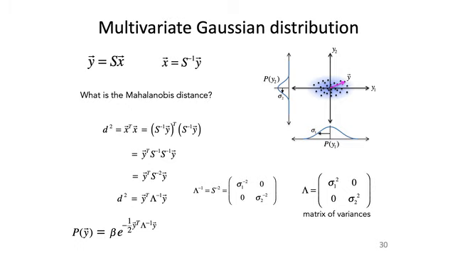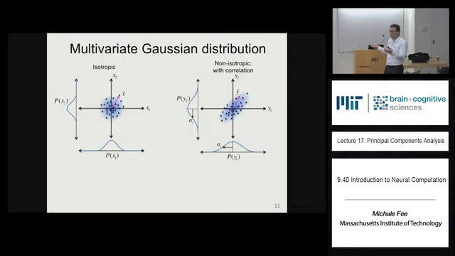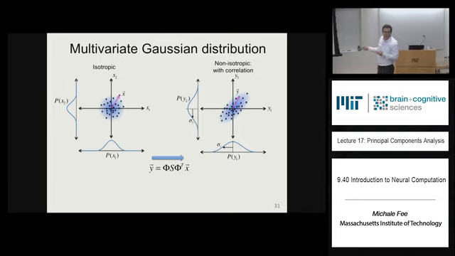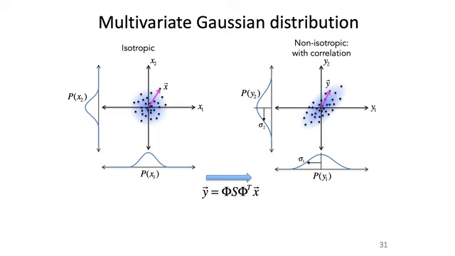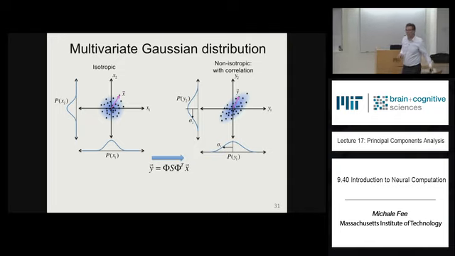All right. And now finally, let's build up an expression for a Gaussian distribution with arbitrary variance and covariance. So we're going to make a transformation of x into a new vector y using this rotated stretch matrix.